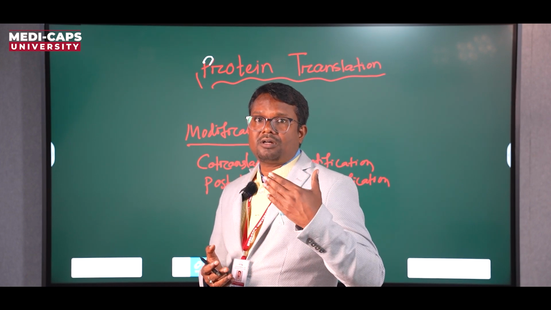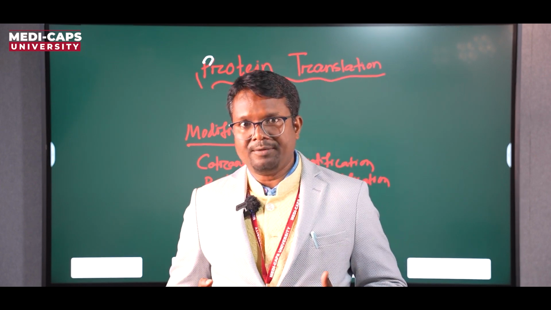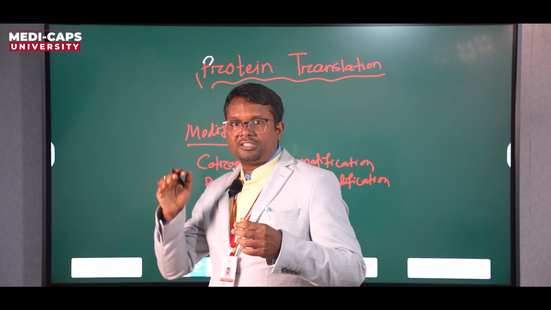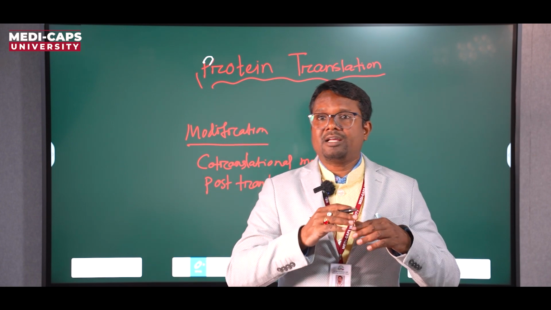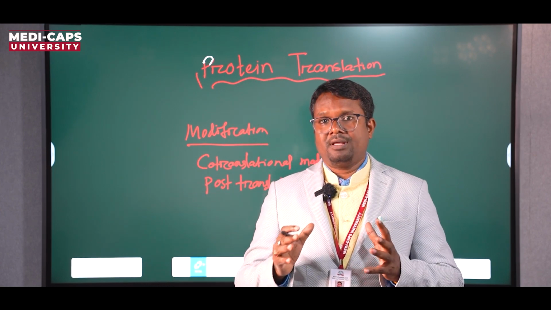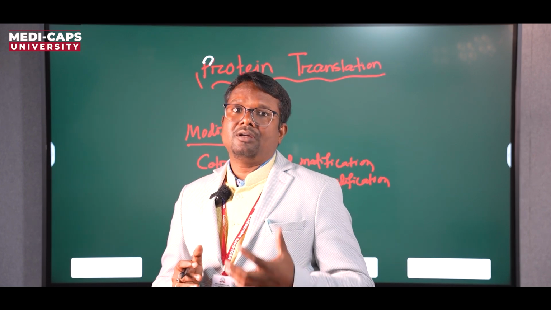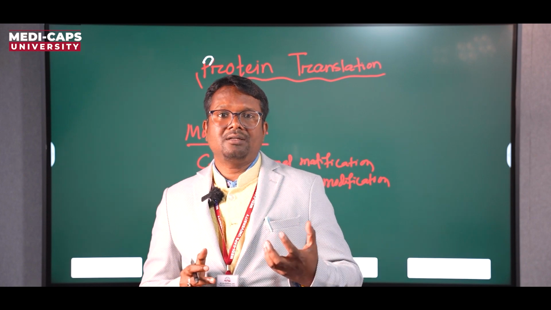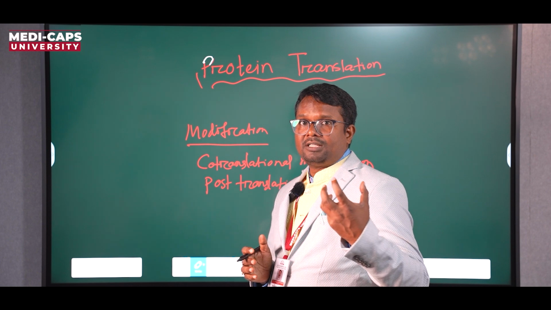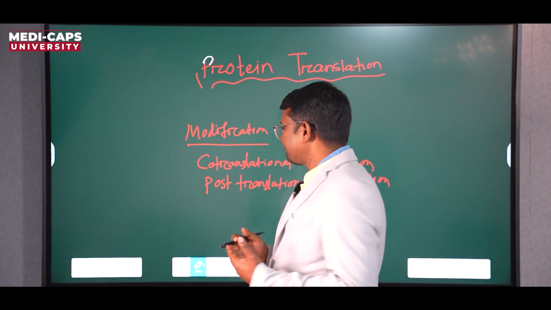So the structure of the protein is directly correlated with the function of the protein. So once the amino acids make the chain and the polypeptide is formed, to have a particular shape, it needs some chemical modification to maintain or make the structure. And the modification, as I mentioned, can be co-translational or post-translational.